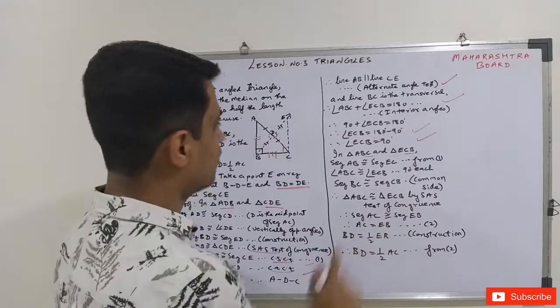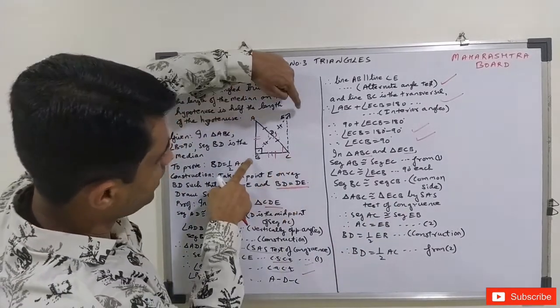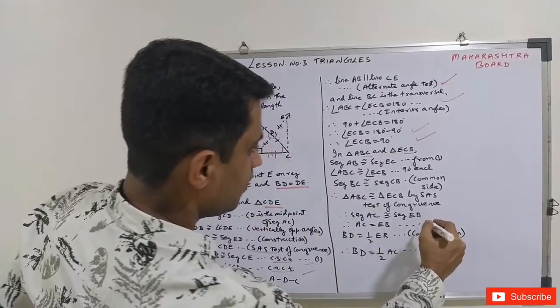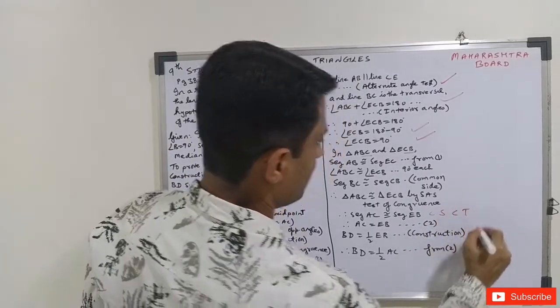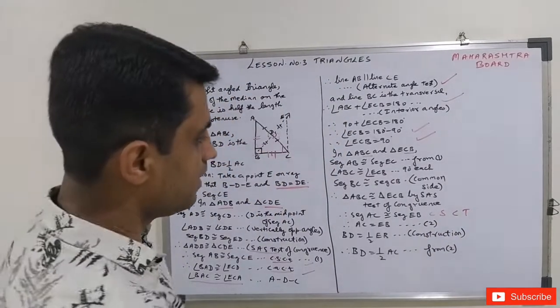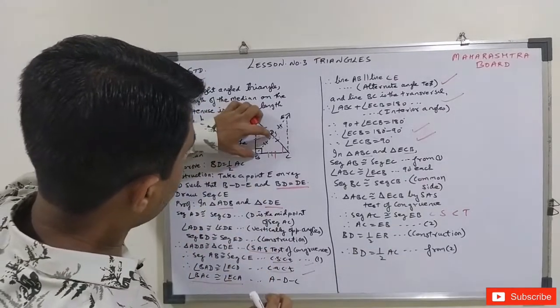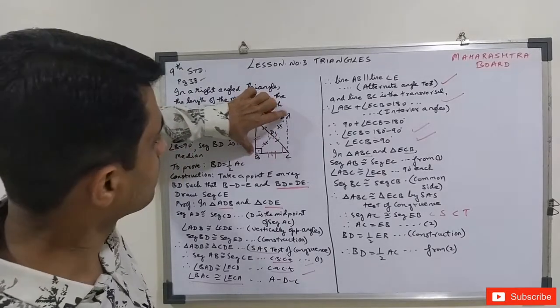If the triangles are congruent, now we can say AC is congruent to EB. Why? Corresponding sides of the congruent triangles. It means AC is equal to EB. Now we very well know that BD is half of BE by construction.